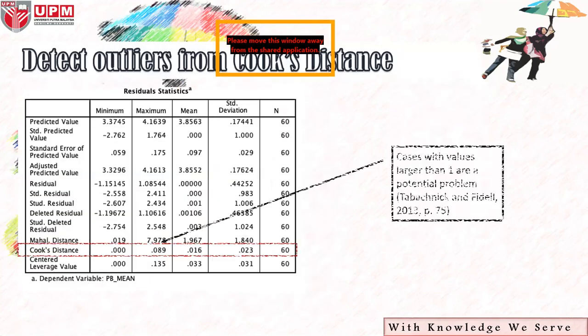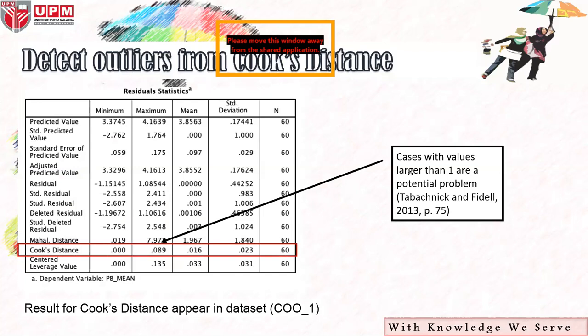Similar to Cook's distance, the cutoff point is 1. Cases with values larger than 1 are a potential problem based on Tabachnick and Fidell. Based on our minimum and maximum, the maximum is 0.089, lesser than 1. So we can say that there is no problem in our data set.